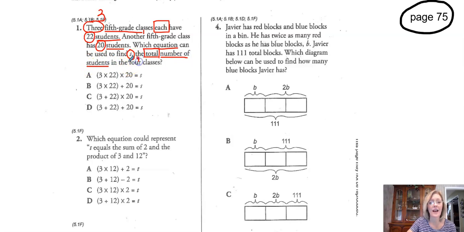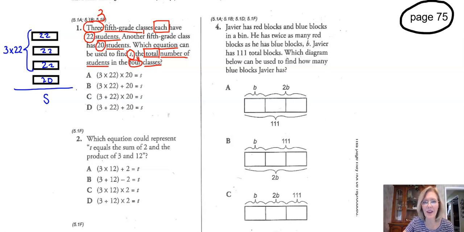So it says I need to be using all 4 of the classes. Now, knowing what we've thought through here, pause the video, do a little bit of work on that. What is that going to look like? Turn the video back on and see if you were thinking the same way as I was.